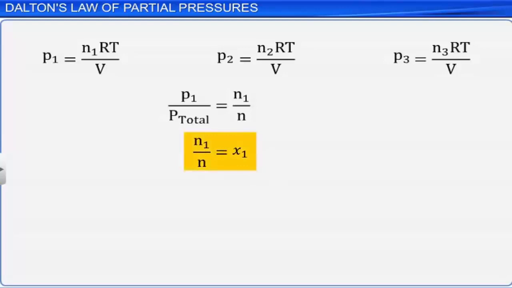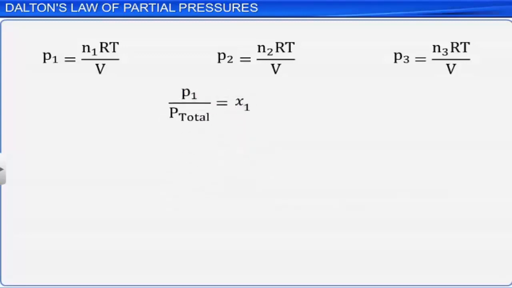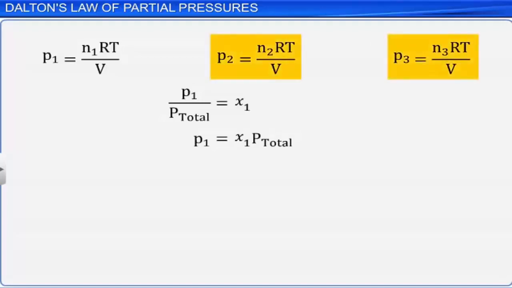This equation can be written as P1 is equal to X1 multiplied by P total. Similarly, for other two gases, we can express partial pressures as P2 equals X2 multiplied by P total and P3 equals X3 multiplied by P total.